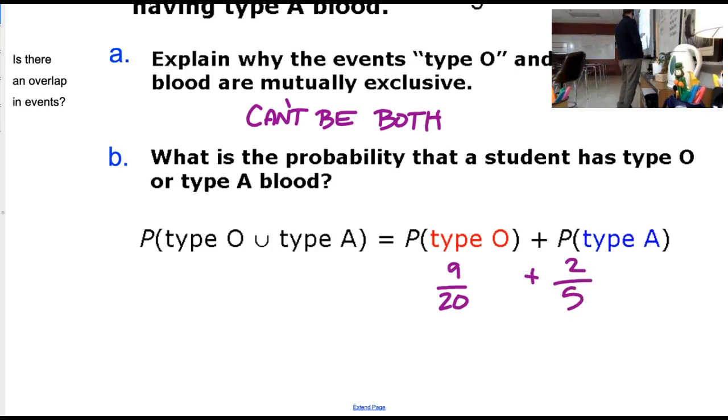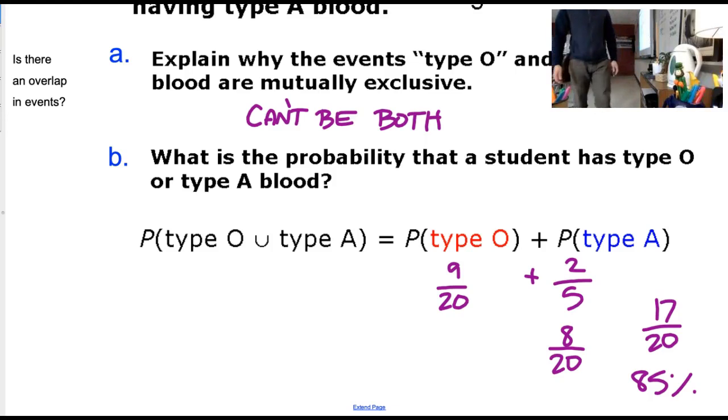Common denominator, so we have to multiply, so that's going to be 8/20. So the chance of them having type O or type A would be a total of 17/20, which is what as a percent? 85, good. 85%, nice job.